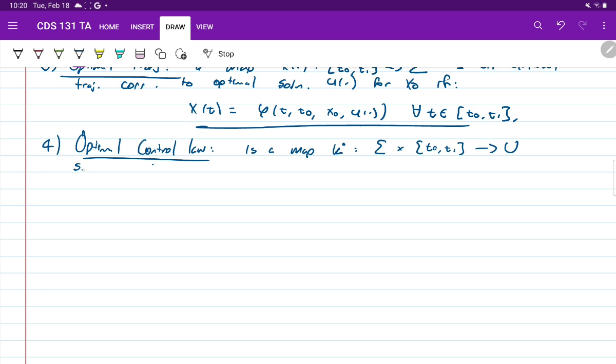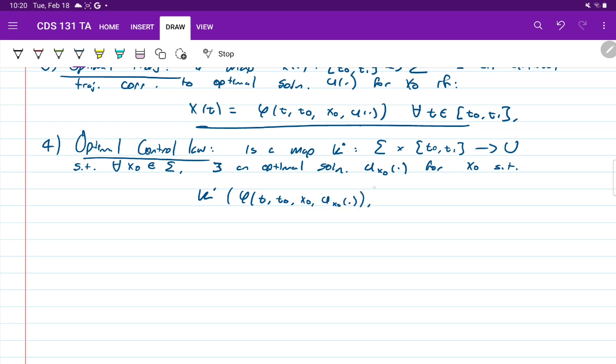And it satisfies, for all x naught in sigma, there exists an optimal input signal, or an optimal solution, which I'll call u x naught, such that K star of phi of t, t naught, x naught with this input signal u x naught, evaluated at t, is equal to u x naught at t for all t in t naught, t1.